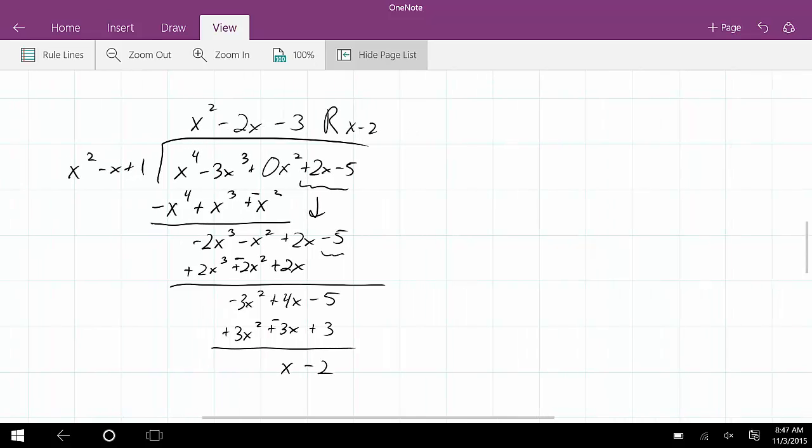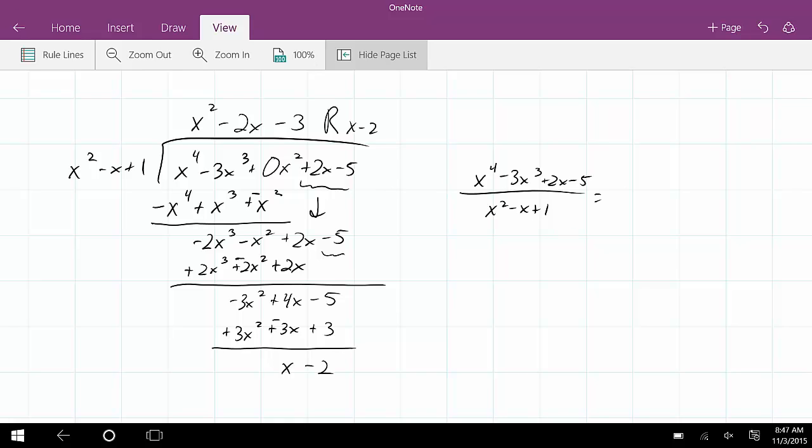So what we found is that x to the power 4 minus 3x cubed plus 2x minus 5, when you divide it by x squared minus x plus 1, what you get is x squared minus 2x minus 3 plus the remainder of x minus 2 over x squared minus x plus 1.